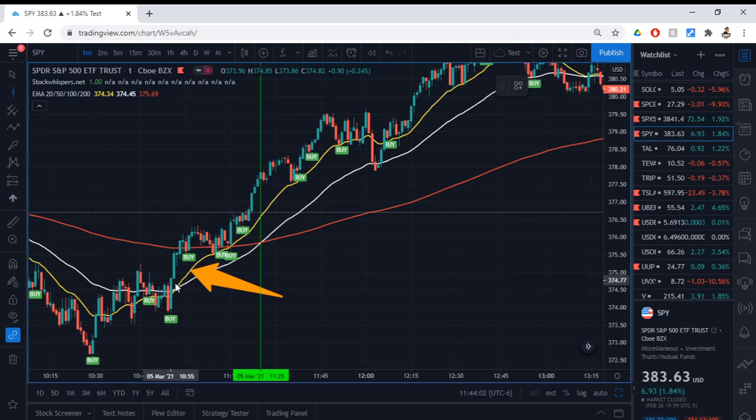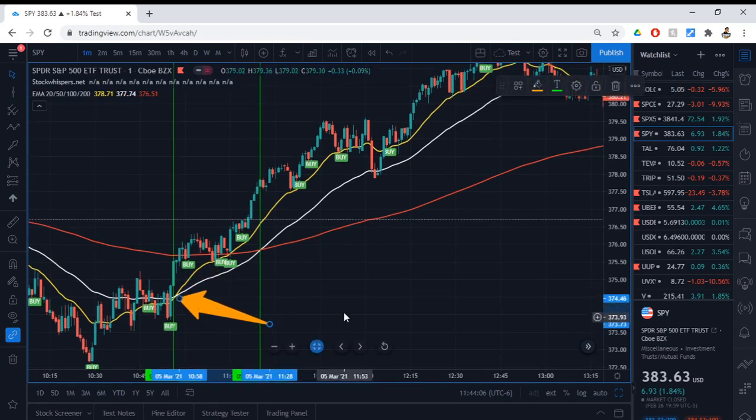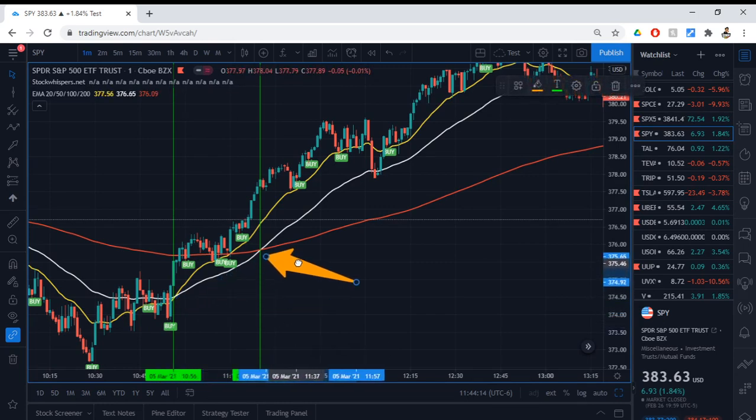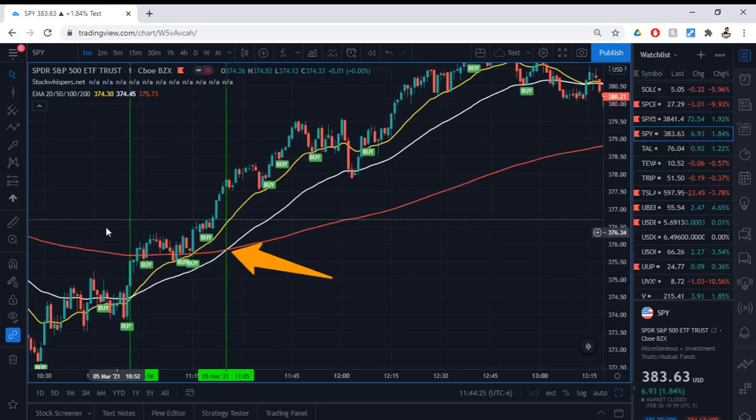So at this moment here, we had our first cross, which was the 20-day crossing over the 50. So it was a short-term bullish move. From this moment on, the 20 was over the 50, and the 50 crossed over the 200.